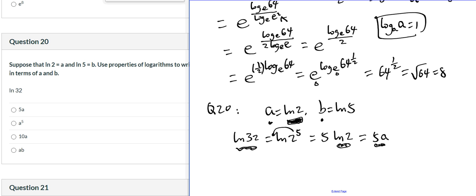At that time, there was no good calculator for natural log 2. So this number is in the table, natural log 2. Then we want to use natural log 2 to find out natural log 32. That's basically 5 times natural log 2.